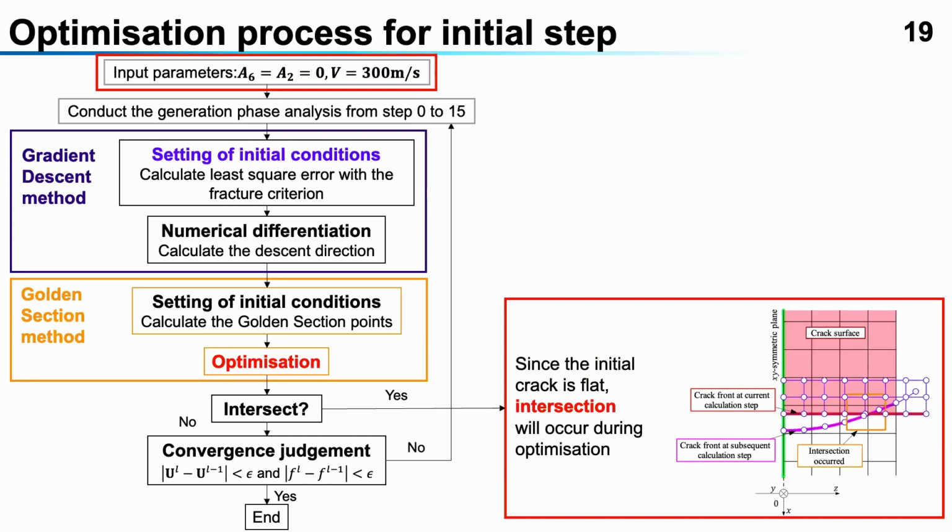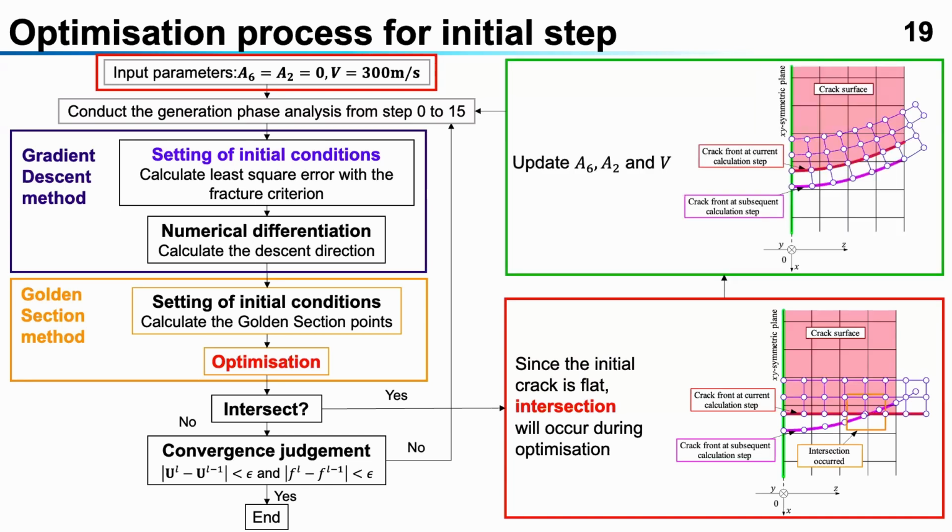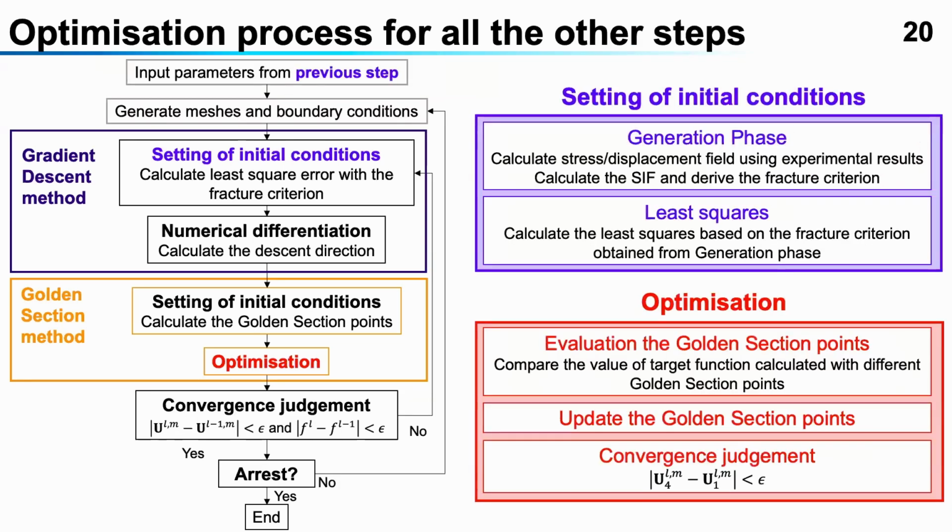If this case occurs, we update A6, A2, and B, and repeat the optimization algorithm again. If it converges, then the first part of our optimization is finished, which means we can predict the crack behavior when the crack has just initiated.